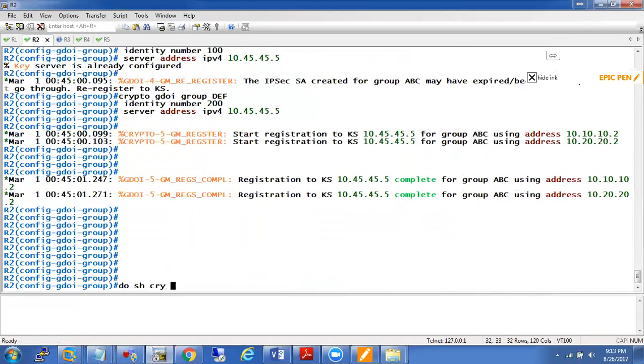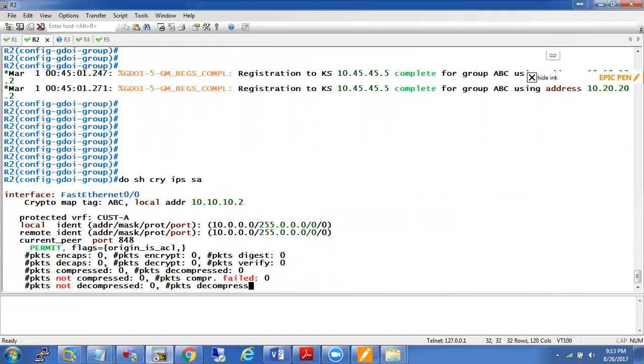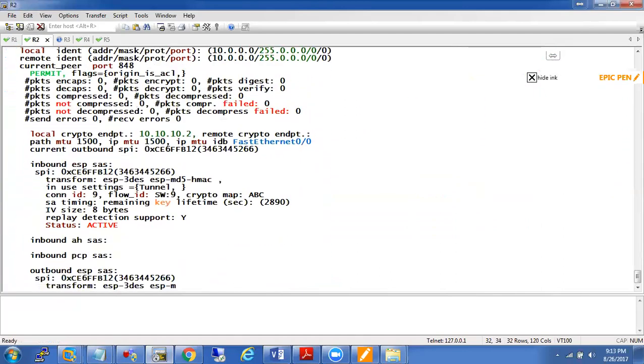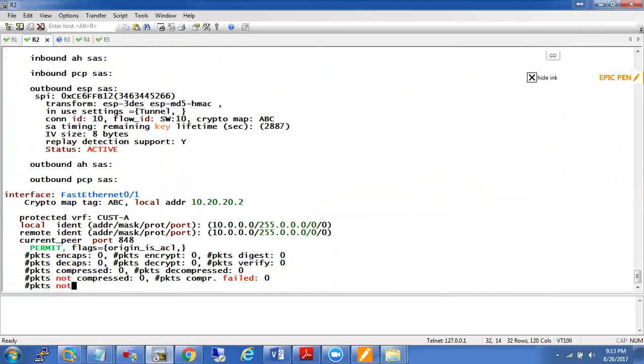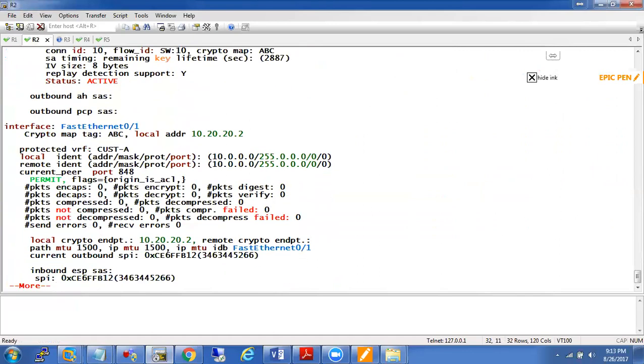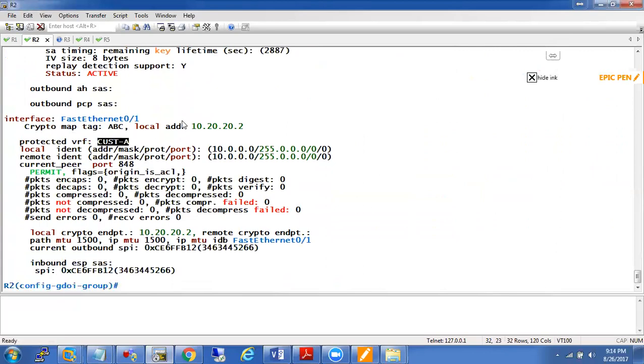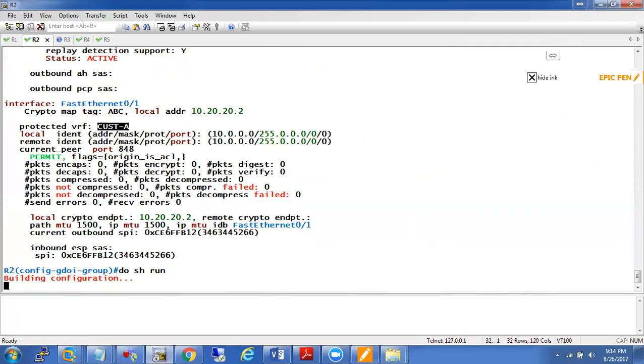Show crypto IPsec SA. 10.0A is okay. It's also protected. VRF is A, that's why. And why is that? I must have misconfigured somewhere.